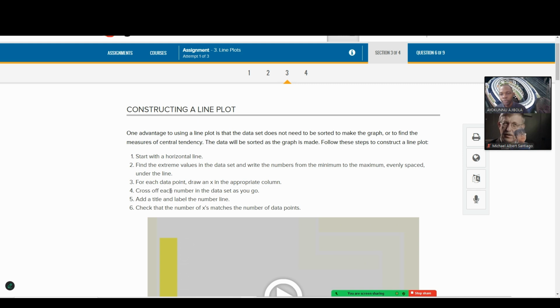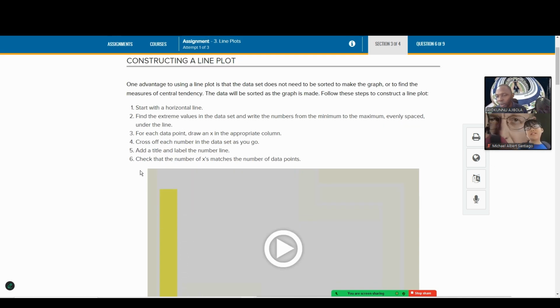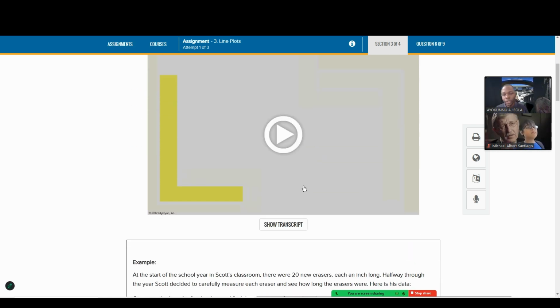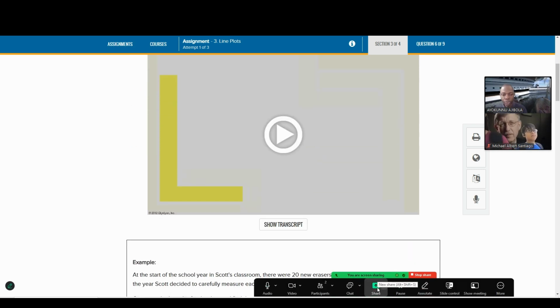Then cross off each number in the data set as you count. Then we have to add a title or a label for the number line, maybe ages of grade 5 or something. Then check that the number of X's or circles you've drawn is equal to the number of data points you have. So let's watch this video.